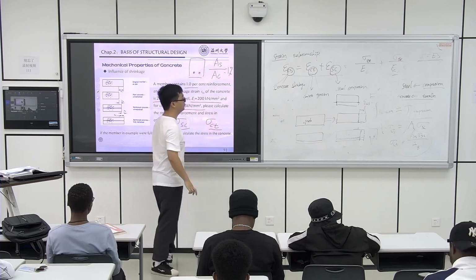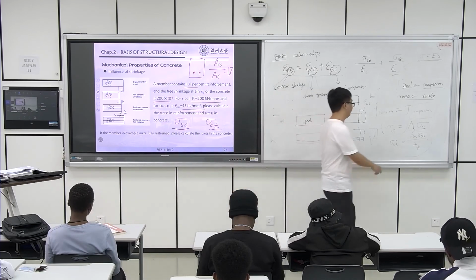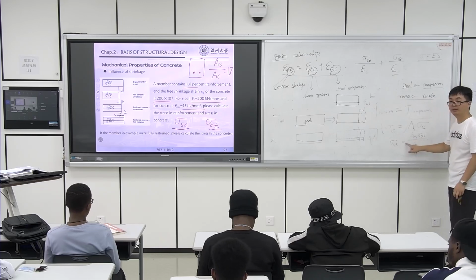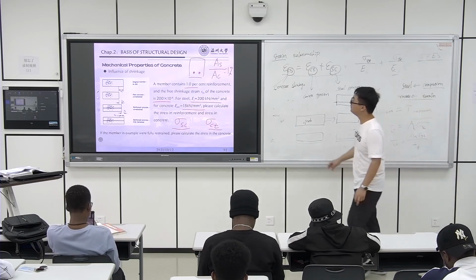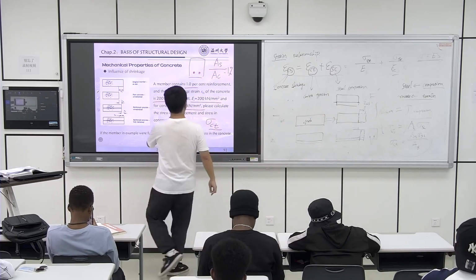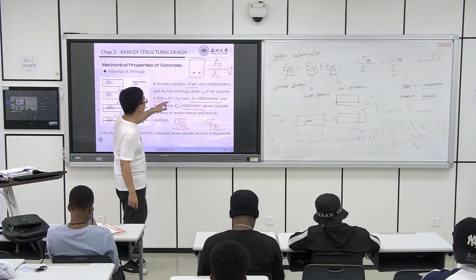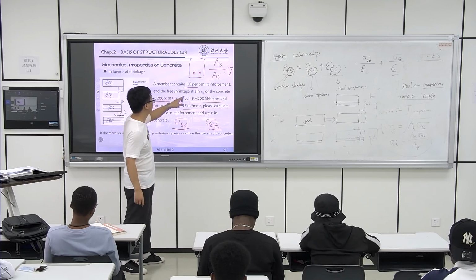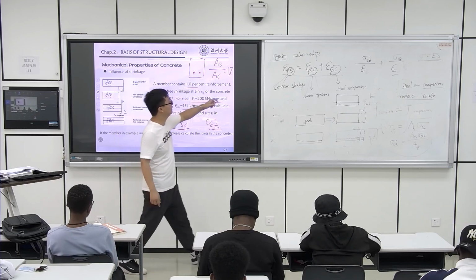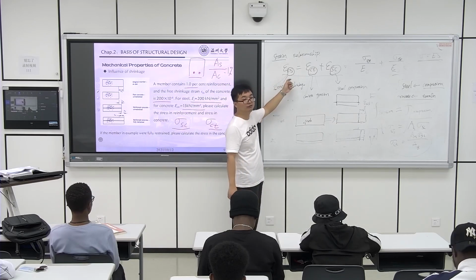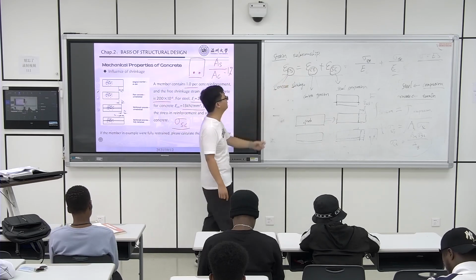Like the section is rectangular with the steel bars. So from here we can build this relationship. And the concrete free shrinkage strain, the total free shrinkage strain of the concrete, we can get.